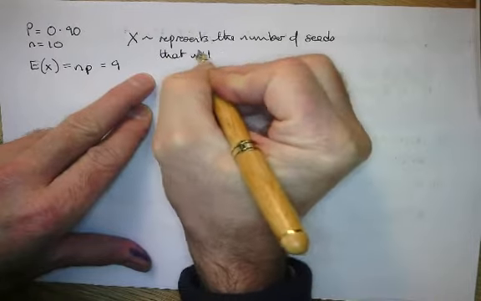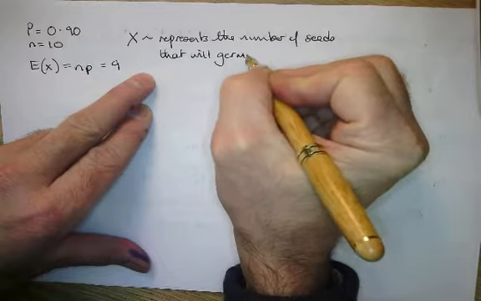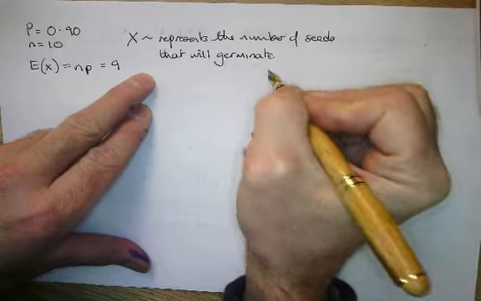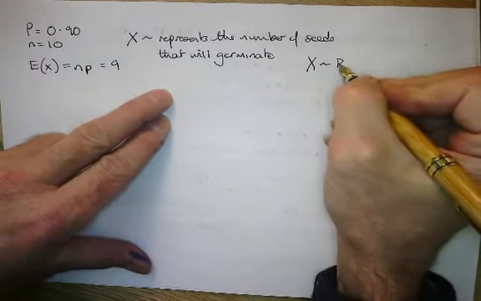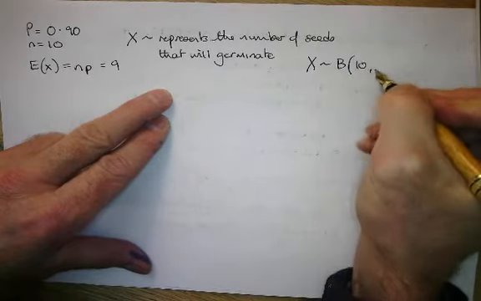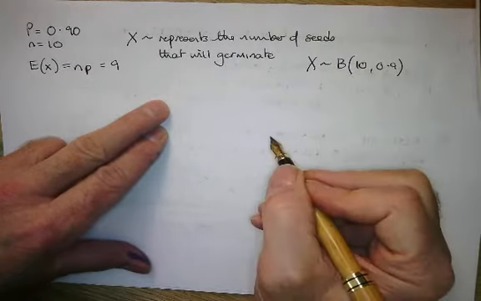And it's good practice to write all that out. And so therefore x is binomial distributed, n is 10, p is 0.9, and I get that.